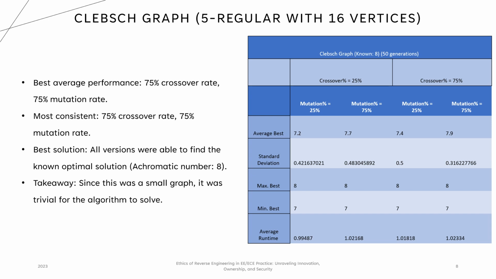But all of these algorithms performed fairly well on this graph. They all were able to find the known optimal solution. And I think that was because this was such a small graph. It seemed to be very trivial to solve for the algorithm, being as it was able to find the optimal solution in only 50 generations.